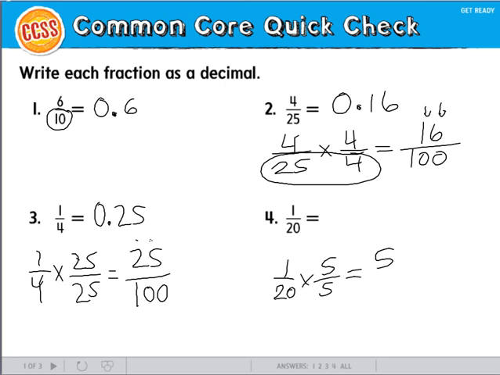And that's going to give us 5 hundredths. Only 1 digit, but it needs to end in the hundredths place, right? So I need a 0, and what's my next digit going to be? 0. And then my 5, right? Okay?